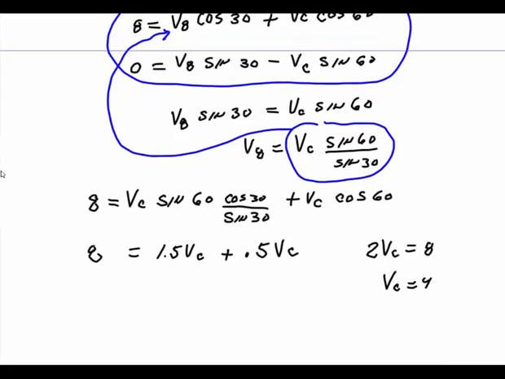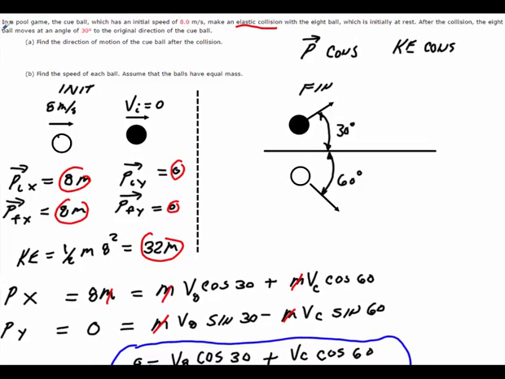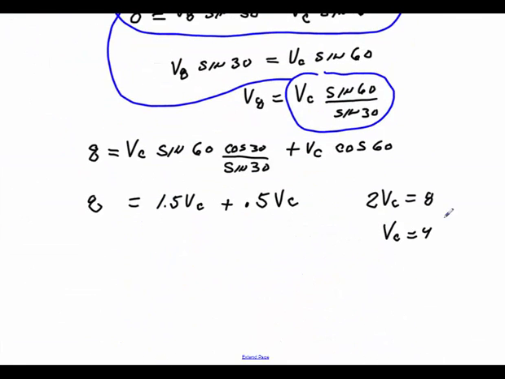And again, what were our units? I believe they're meters per second, were they not? Yeah, meters per second. So now we know the velocity of the cube. We put it right back into here, take that value of 4, multiply it times the sine of 60 divided by the sine of 30.